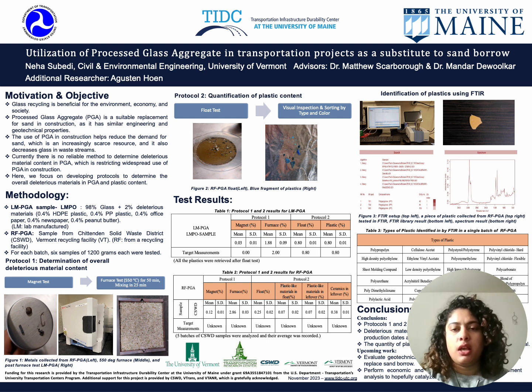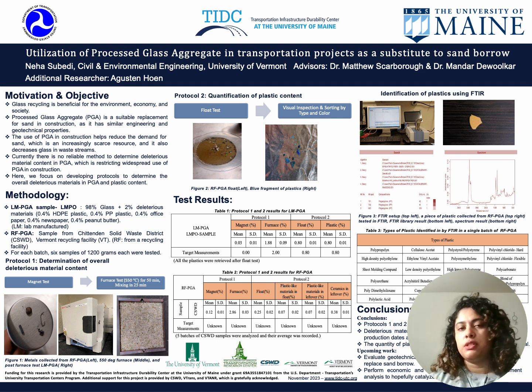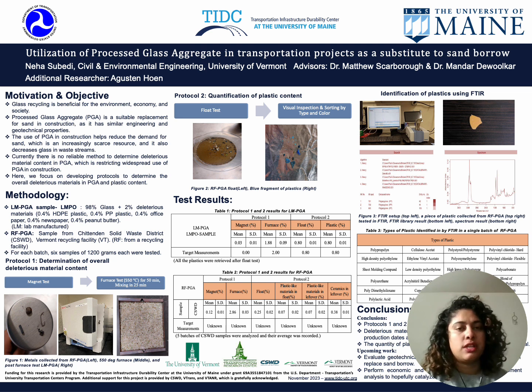Overall, we conclude that Protocol 1 and Protocol 2 are operationally reliable. Deleterious materials in PGAs differ from date to date, pile to pile, and location to location. Our major finding was that the plastic content in the PGA batches that we analyzed was minimal.